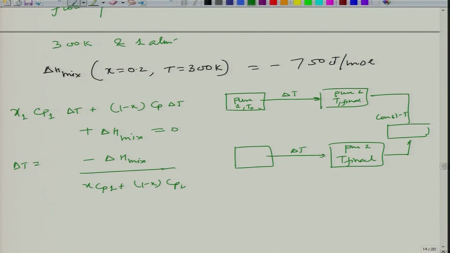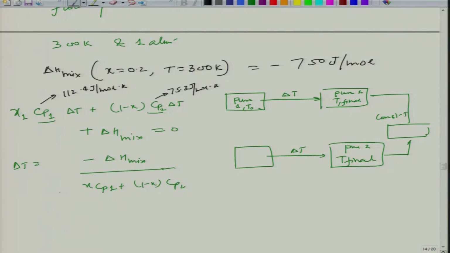So, with this you should be able to add this part here, and then you get this information of Cp1 and Cp2 from the NIST Web of Science or from various different textbook tables. This information is given to us, and in the problem here, it is 112.4 for ethanol, okay, and this is 75.3 joules per mole per Kelvin for the case of water.